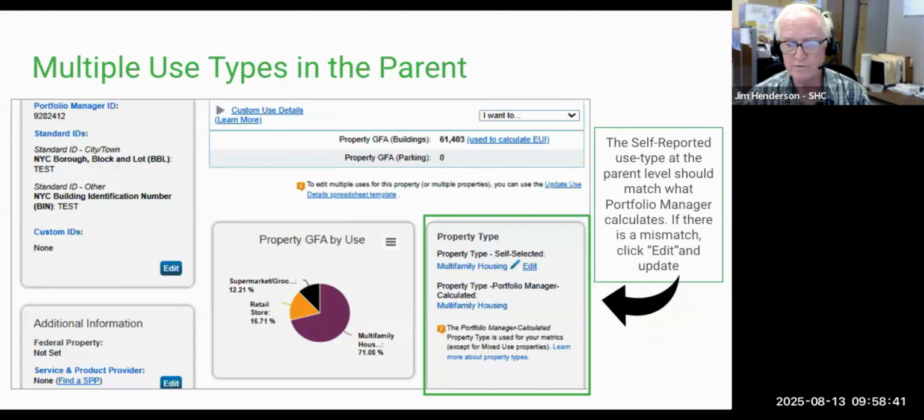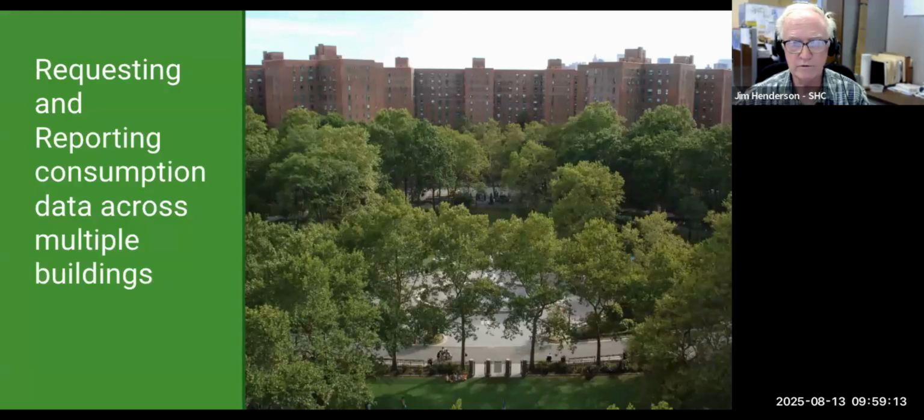So if you see a difference there, we recommend changing the self-selected use type, the one you entered, into Portfolio Manager to match the Portfolio Manager calculated use type. And it's a simple change just by clicking on the edit button here. If you have a problem, maybe you're thinking it's not quite what it should be, contact us and we'll figure it out with you.